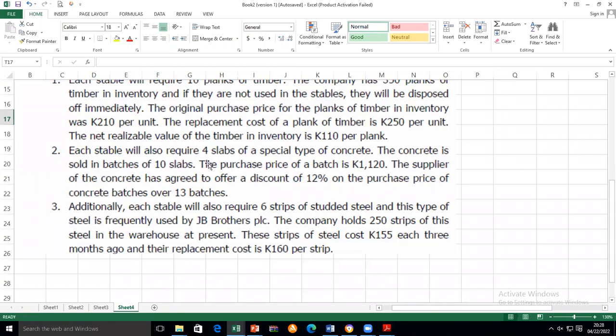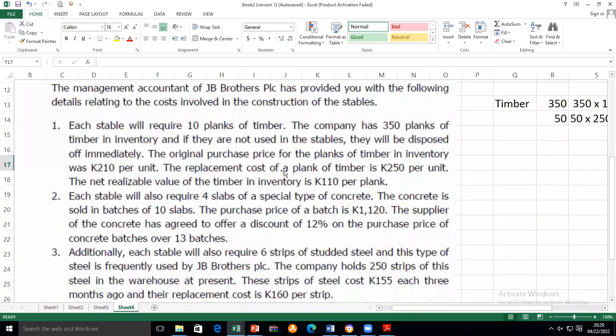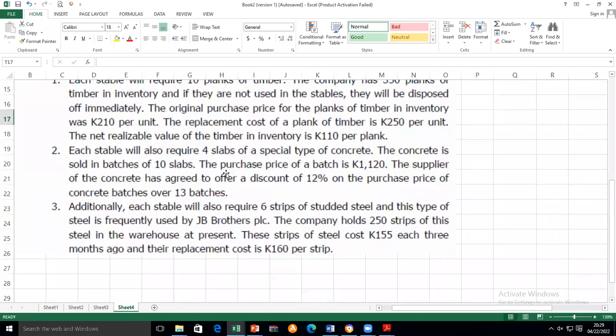Can somebody tell us here? 4 slabs. The concrete is sold in batches of 10. So how many slabs are you doing yourselves for this job? There are 40. So 40 multiplied by 4 is 160.